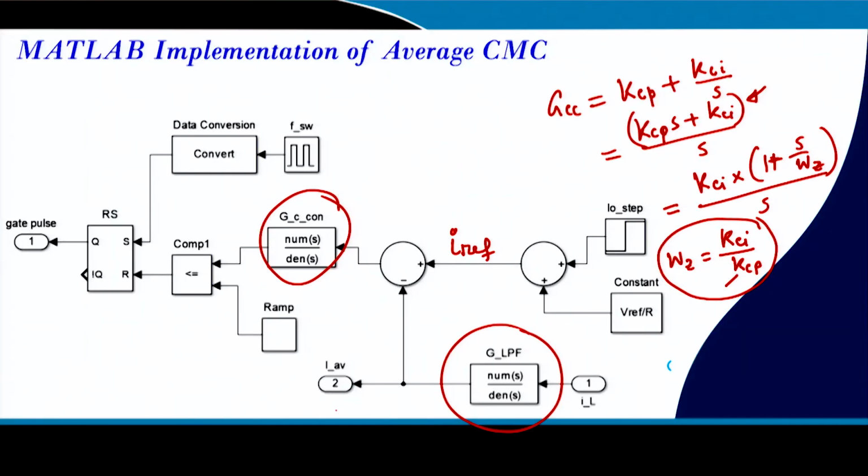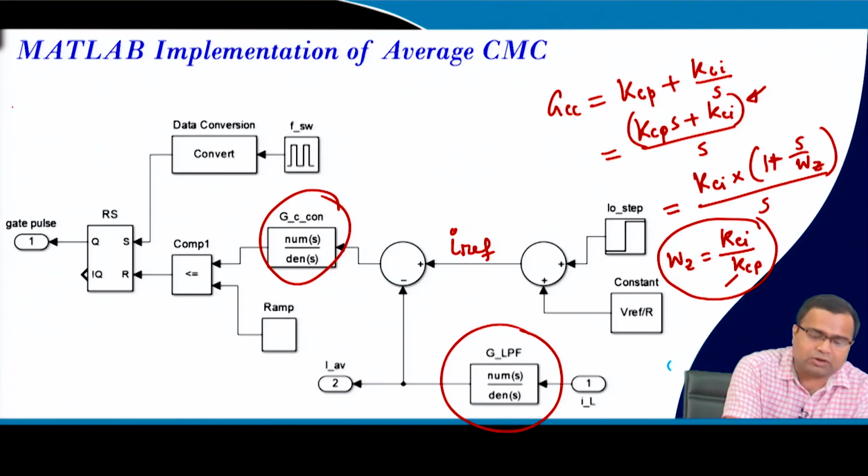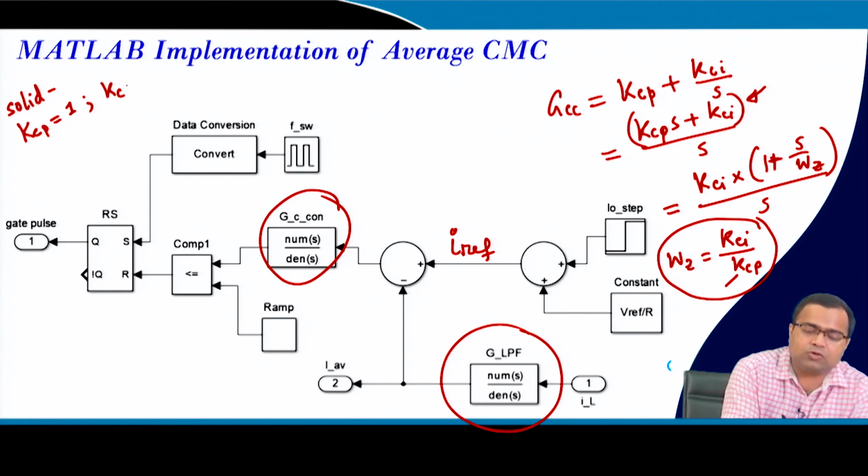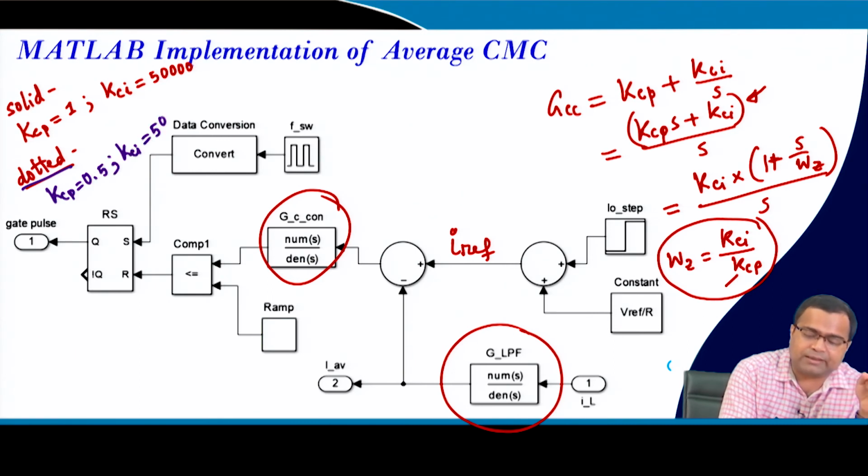So what did we do here? In the solid case, we have taken the current loop proportional gain to be 1 and the current loop integral gain to be 50,000. For the dotted line, we took KCP to be 0.5 and KCI to be simply 5,000.